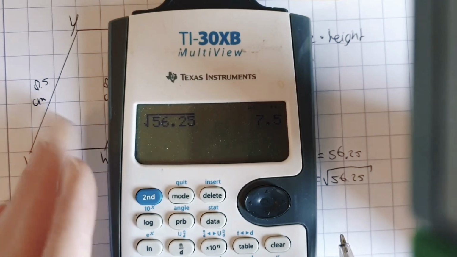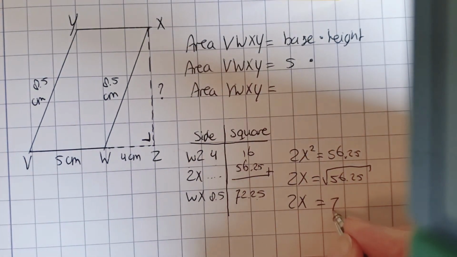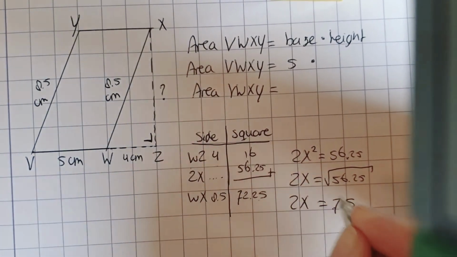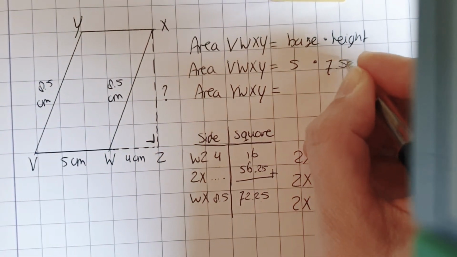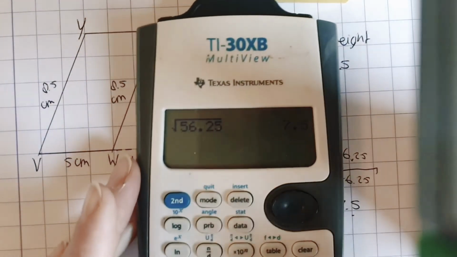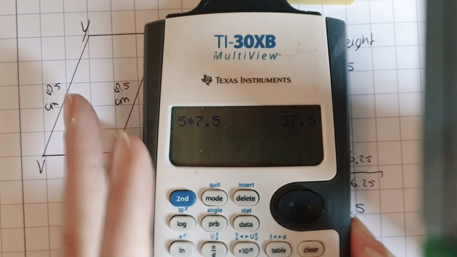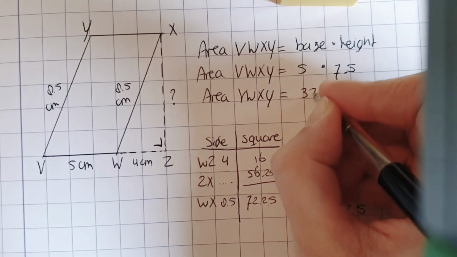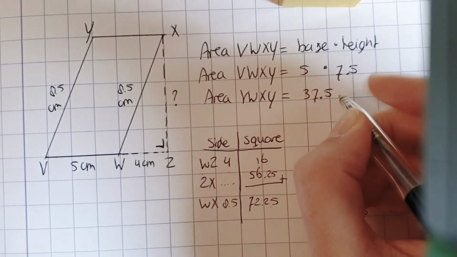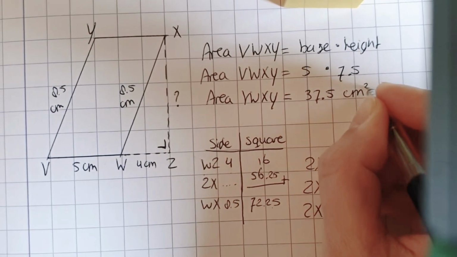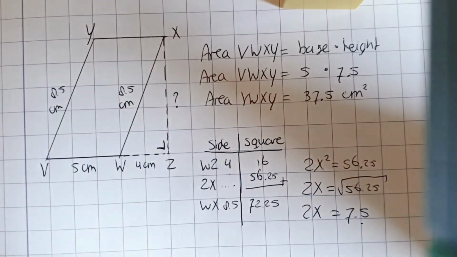Now, the answer is 7.5. Okay, I'm going to use it here. 5 times 7.5, which is 37.5. And it's in centimeters, so squared centimeters. And then this is the answer.